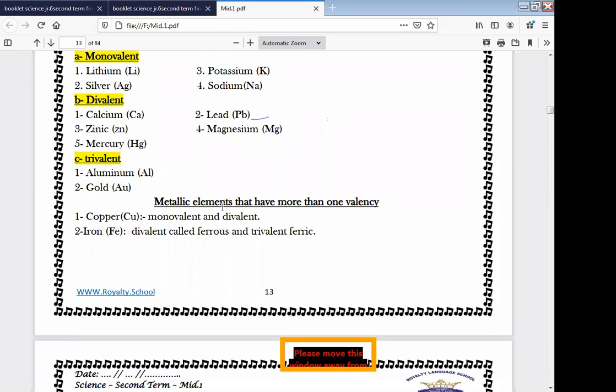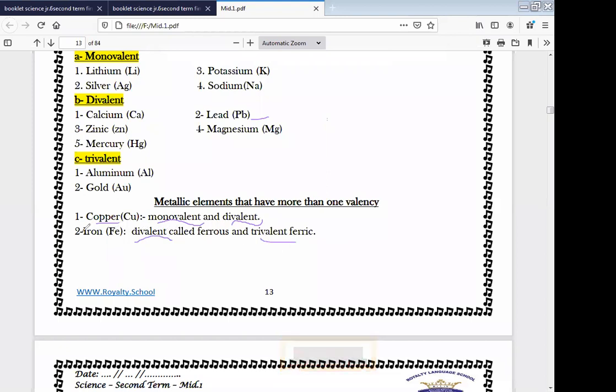But there are metallic elements that have more than one valency. How come more than one valency? Like copper: copper may be monovalent or divalent. Iron may be divalent or trivalent. The most important note in this lesson is the metallic elements that have more than one valency.